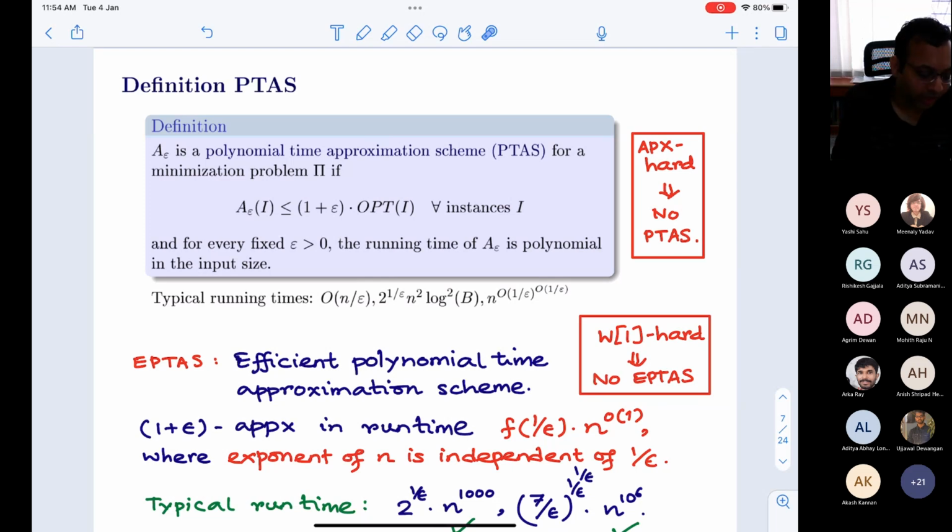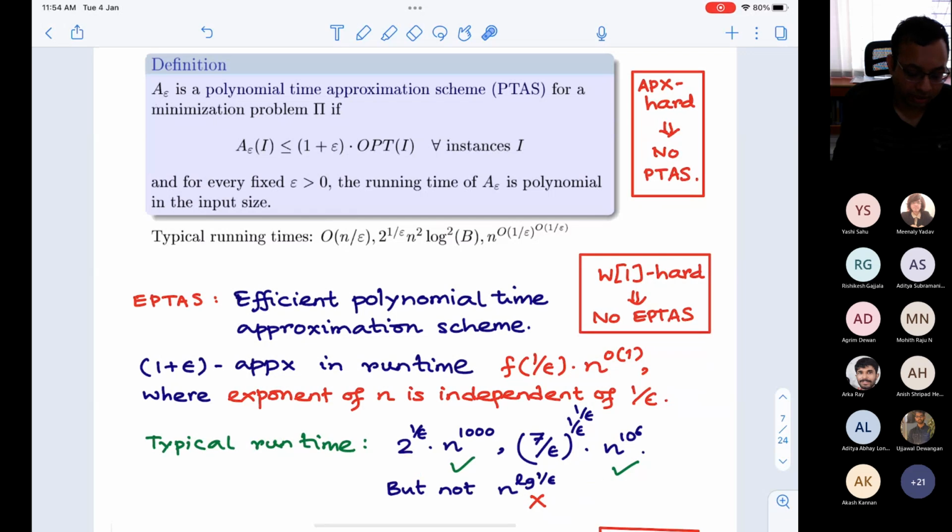So one way is defining this thing called efficient PTAS, or EPTAS, where the runtime is slightly better. Now the runtime is some function of 1 by epsilon times n to the power constant, and this exponent of n is independent of 1 by epsilon. Typical runtimes look like 2 to the power 1 by epsilon times n to the power 1000, or 7 by epsilon to the power 1 by epsilon times n to the power 10 to the power 6.